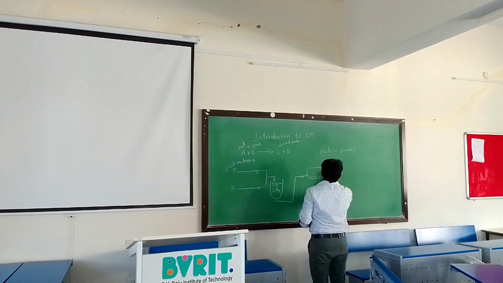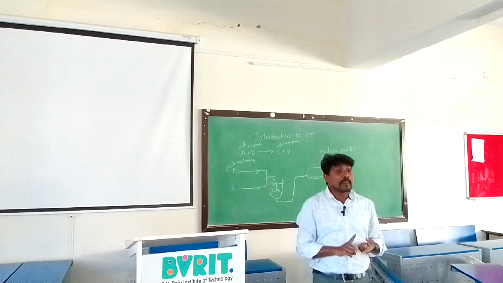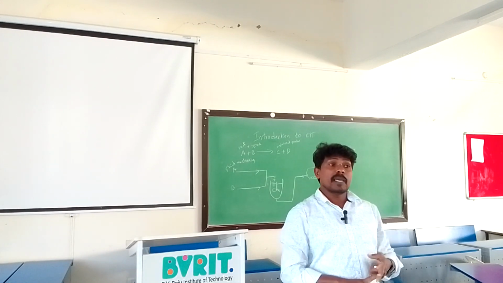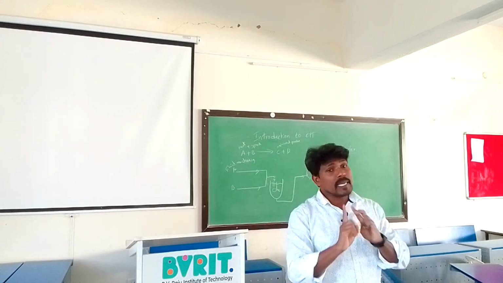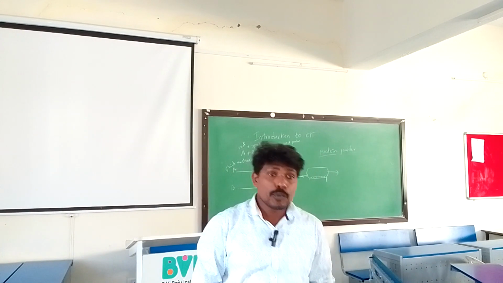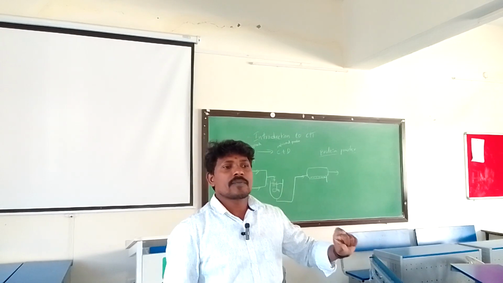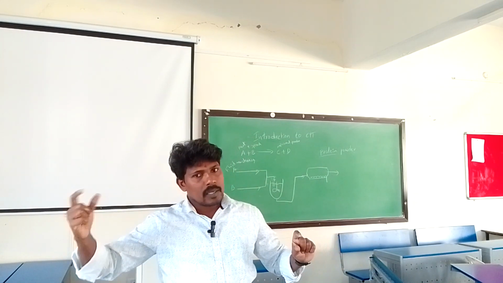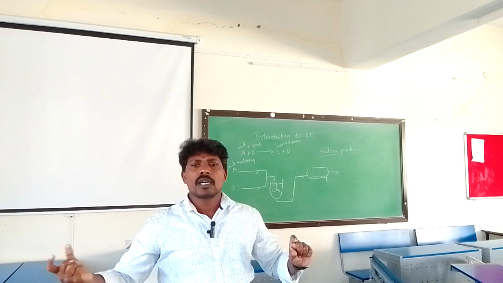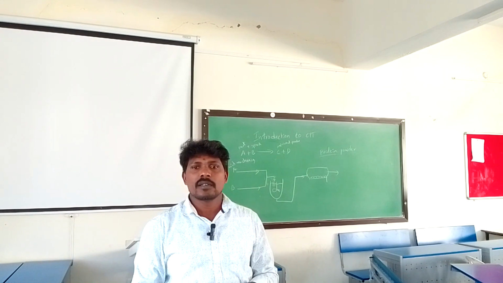Any reaction requires some particular temperature, maybe high or low, but temperature is required. Why is it required? To convert any two materials into one particular product, you require some particular temperature and pressure. Why? You have studied in intermediate. Why?